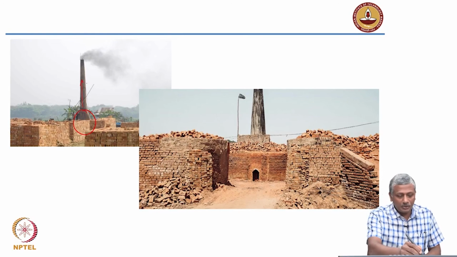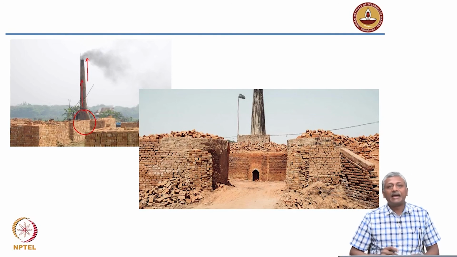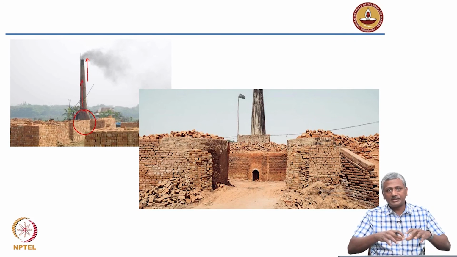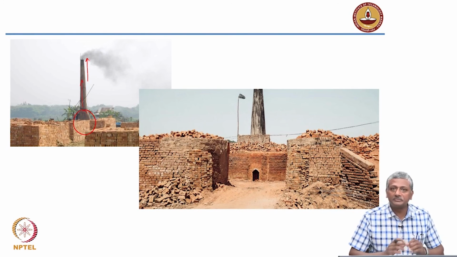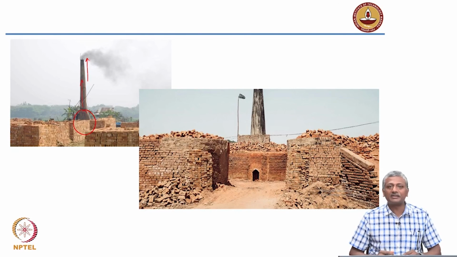So because of that you need to leave out the gases at a very high level. You can't leave out the gases at a lower level, because then they'll start mingling with the air and people will have difficulty breathing. So you need to actually have the stack which is high enough to put the gases into the upper atmosphere. Of course, not all stacks are that high. Brick industries can cause significant pollution if you don't have a control on the stack height.